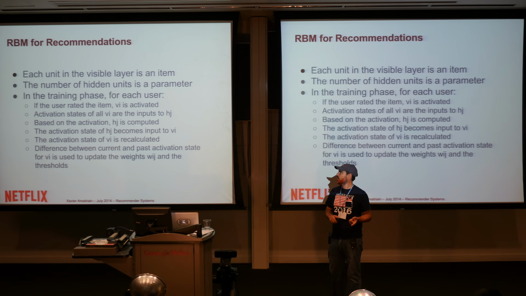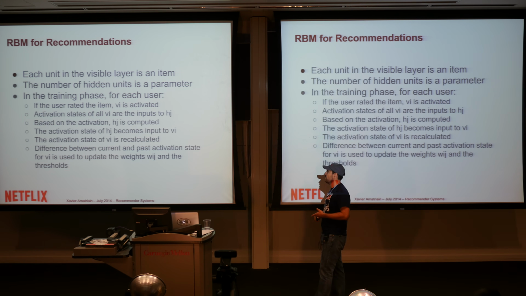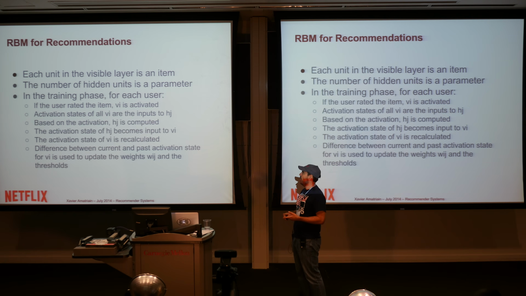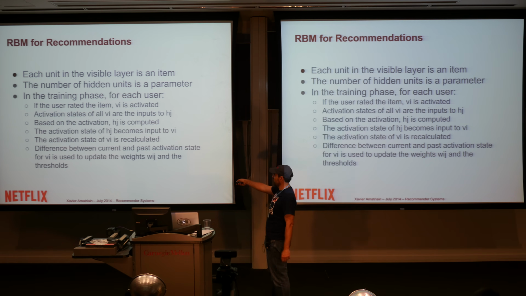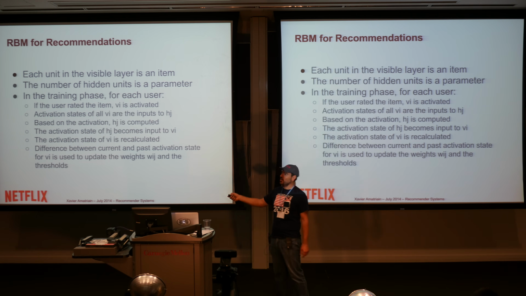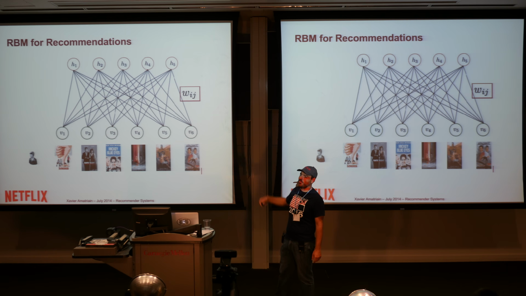The activation states are all the V sub i's that are input to the H, and based on the activation, the H is computed. Once you have the H activated, you use that to compute all the V's again, and the state of V sub i is recalculated. The difference between the current and past activation is then used to update the weights.